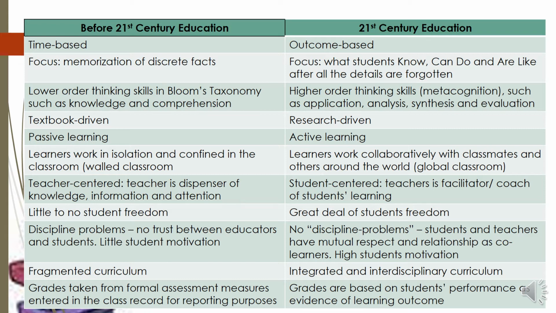In the traditional, it is textbook driven. So, merely the source of information is only the textbook. What is written in the textbook? Yun lang. Whereas in the 21st century education, research driven. So, you as learners are free to research information coming from a variety of resources.